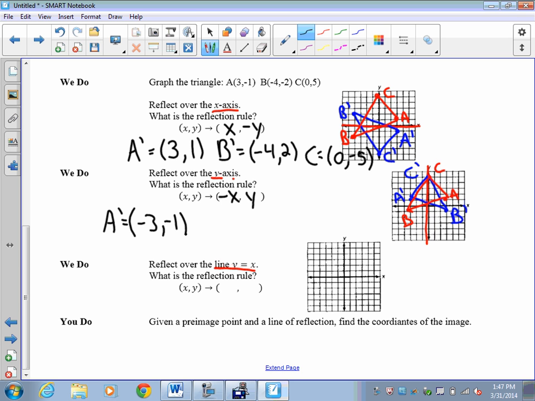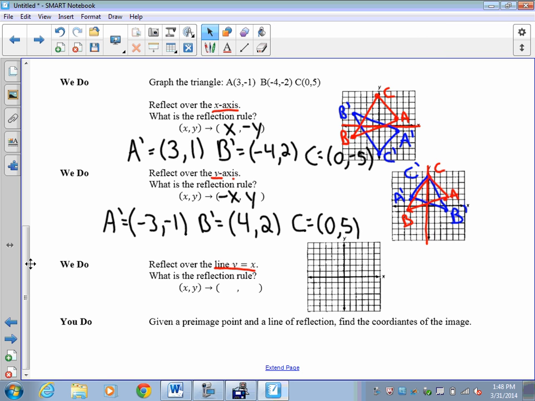The y stayed the same. B prime, the same thing. Our x coordinate became negative negative 4, which is 4, and our y coordinate didn't change. And finally, C didn't change at all because x was 0. Negative 1 times 0 is still 0.